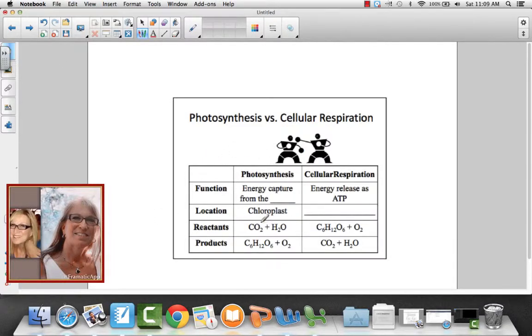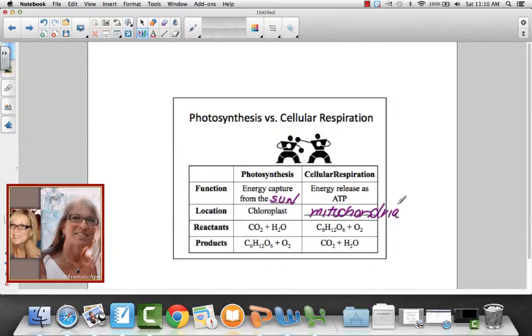So let's compare the two side by side. Photosynthesis. The function is to capture energy from the sun. It happens in the chloroplast. The reactants are carbon dioxide and water. We breathe out carbon dioxide, the plants use it, and they take up water in their roots, and they produce glucose and oxygen. Cellular respiration, its function is to release energy in the form of ATP, and this happens in the mitochondria.